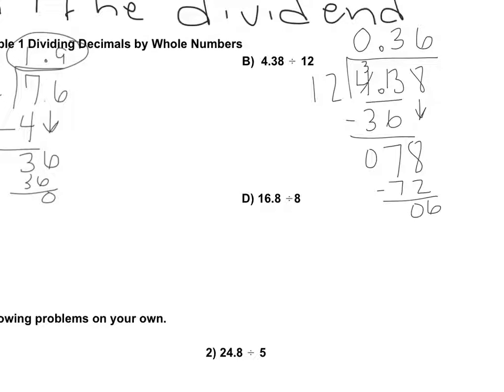Now we know that when we have a decimal, there are zeros and zeros and zeros going on and on and on. So this is where we would bring down our next 0 and make that 60. And 12 goes into 60 5 times. Make that 60, because 12 times 5 is 60. 60 minus 60 is 0. And that is an example right there. And this should also be copied in your video notes.